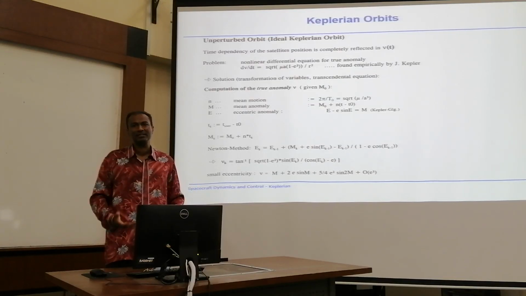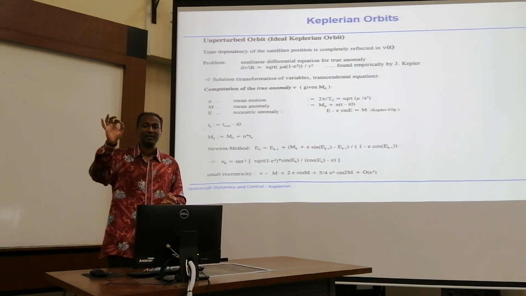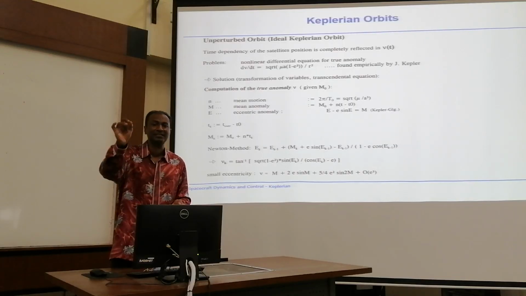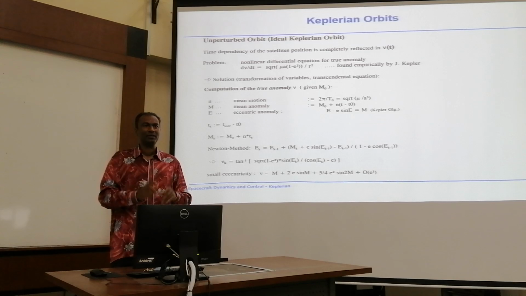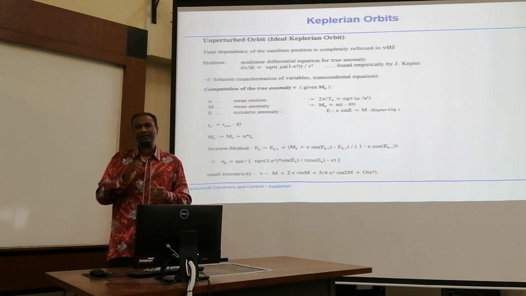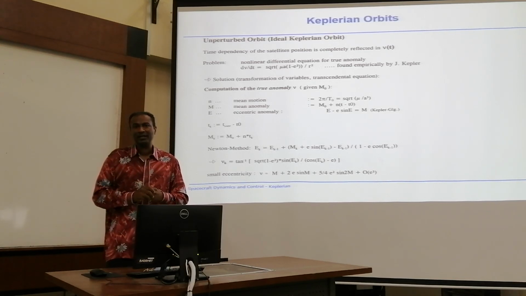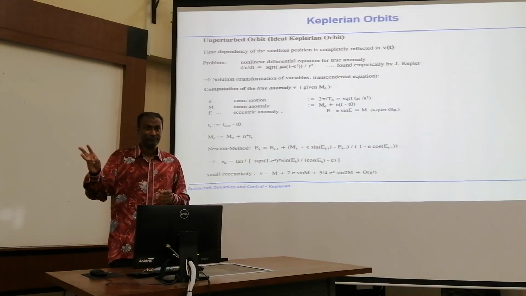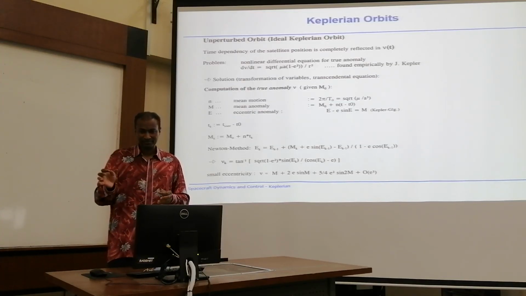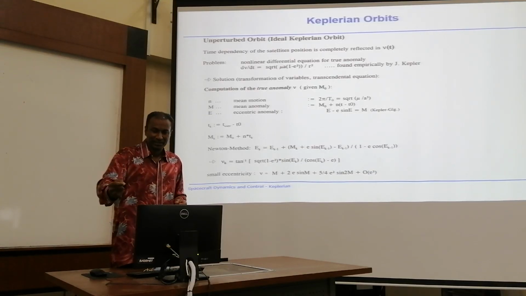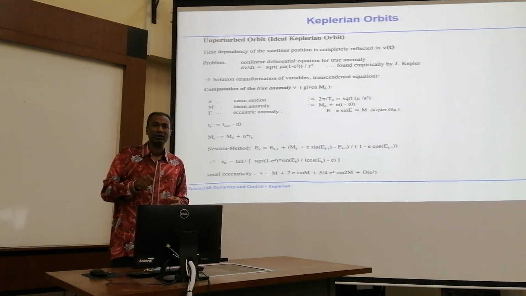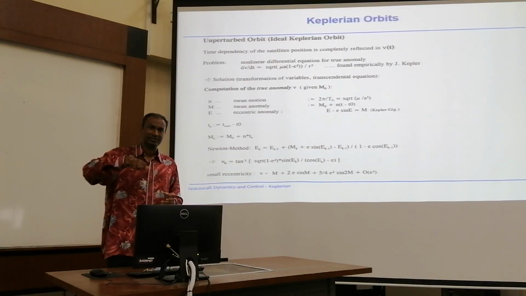When the mean anomaly is estimated, then in a particular orbit the time can be determined. The total period of the particular orbit is given by the third law of Kepler. Having that, the particular time is known, and when you know the time, your true anomaly in degrees is also known.